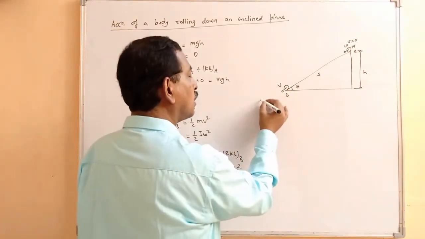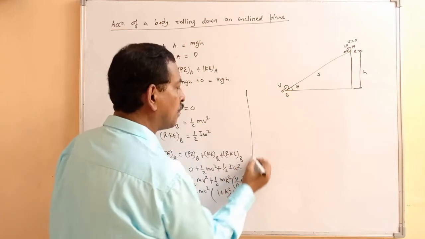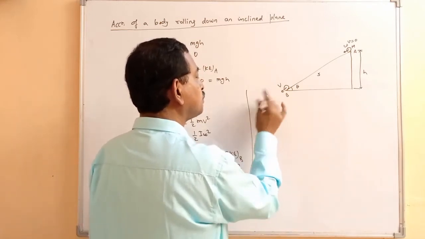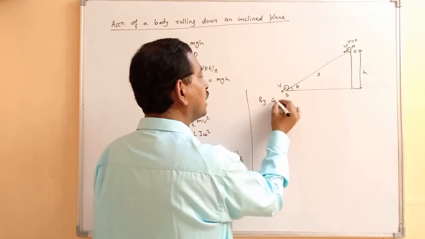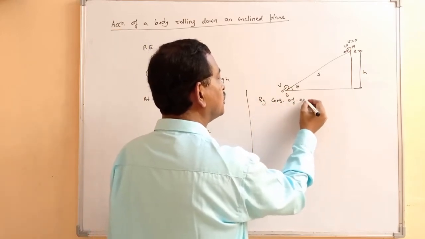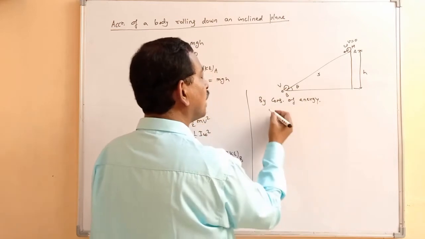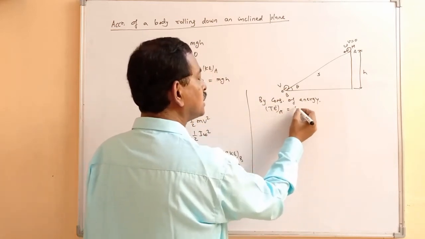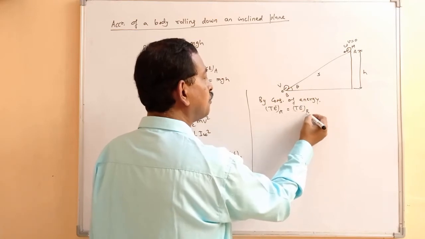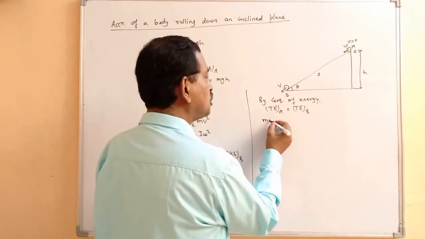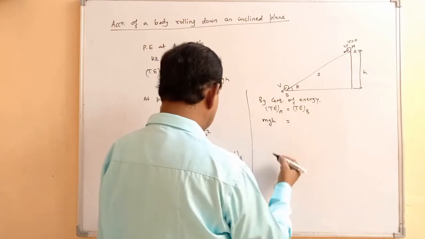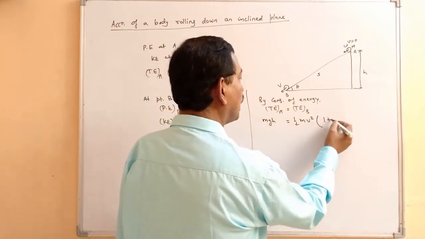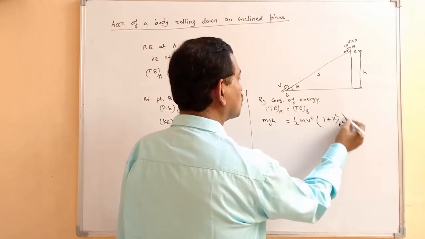Now, by the conservation of energy, we'll have the total energy at A same as the total energy at B. So this is mgh, equal to half mv square times 1 plus k square by r square.